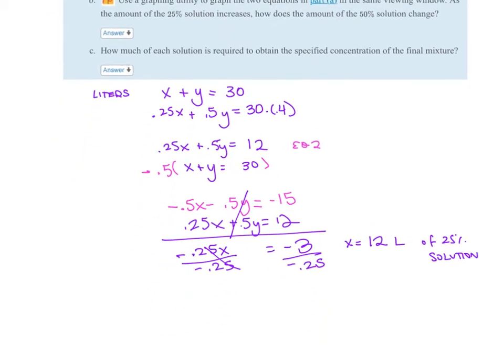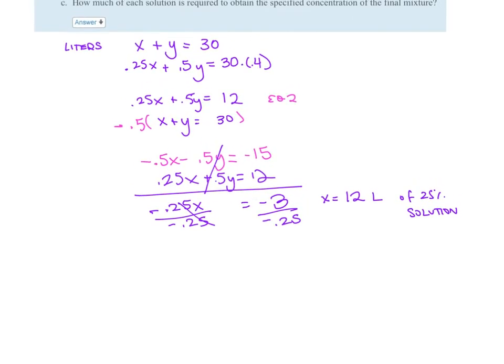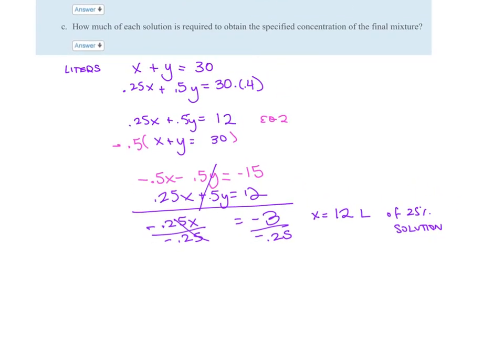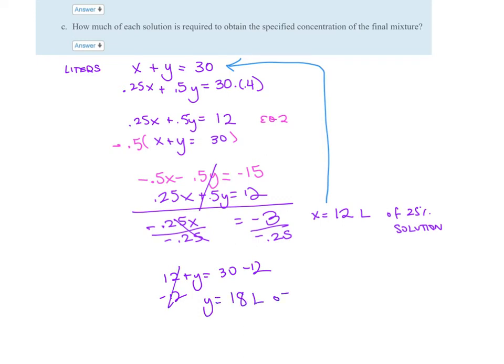Now to find the y value, we're going to go ahead and plug that x value into one of the equations. So I'll plug it into the top equation all the way at the beginning, a little faster. So if x is 12, 12 plus y equals 30, then subtracting 12 from both sides, we'll find that y will be 18 liters of the 50% solution.